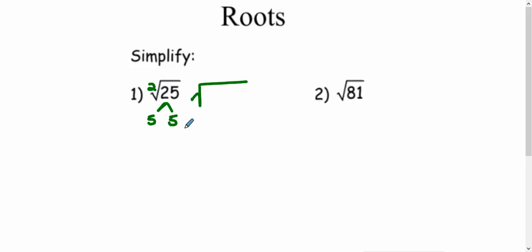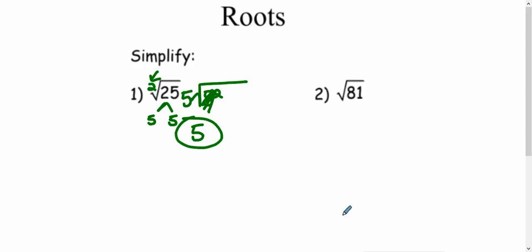So I want to write this using an exponent of 2. So 2 5s would make 5 to the second power. Because that index is implied, I know that I'm looking for the exponent of 2, in which case I can move the base outside and cancel it inside. So the square root of 25 is 5.